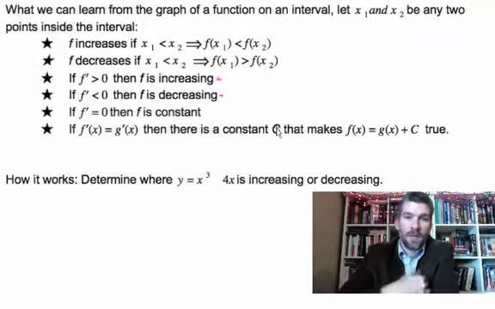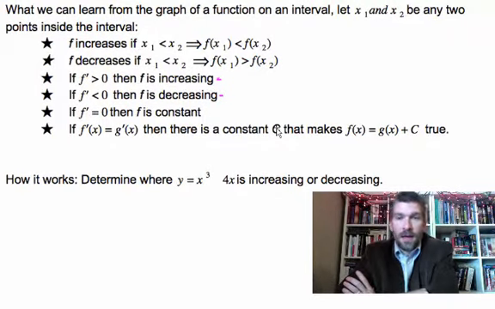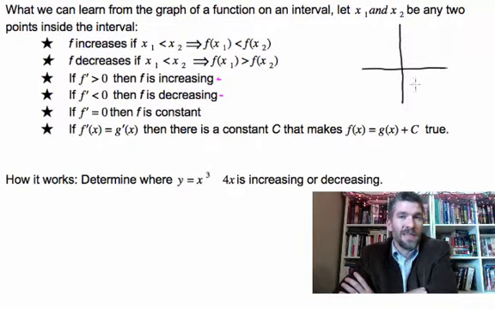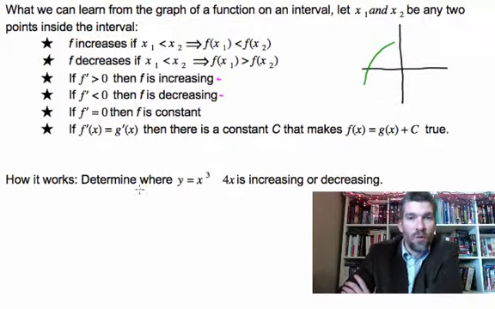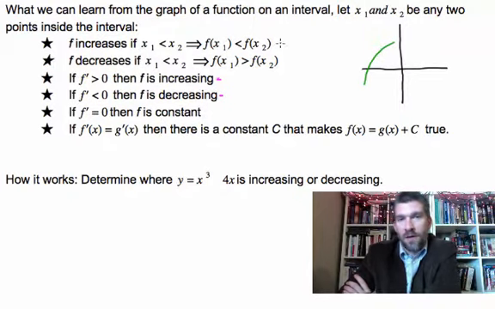Okay, so here's some things that we can pick up from looking at the first derivative of a function, and it's really kind of interesting. We're going to talk about where f increases, where your function increases, and it increases as long as you increase x values. So you go from like 1 to 2 to 3, or -1 towards 0, where your x values are always increasing.